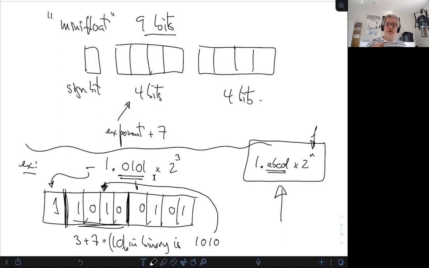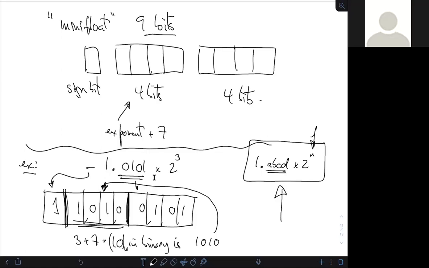When you add the bias, you're always going to get something which is at least 1. Once you bias, you can't get a negative. It's impossible.